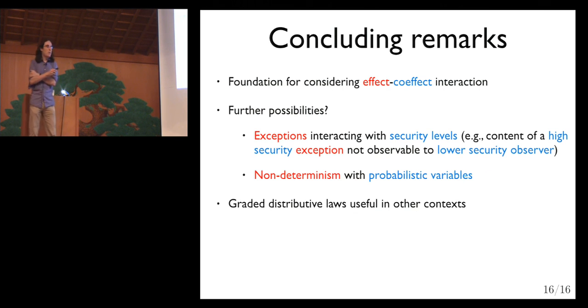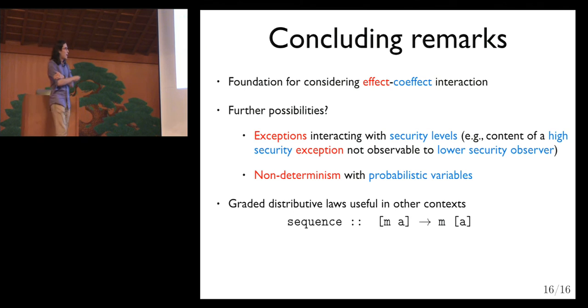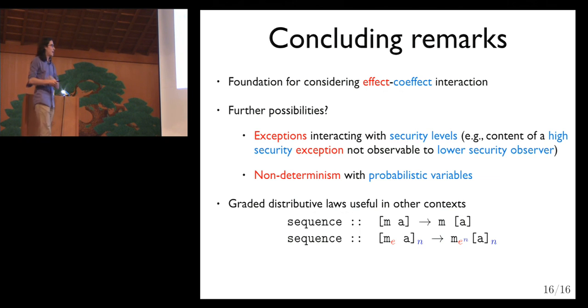Now, I mentioned sequence earlier, so just to wrap up, this is an example of a distributive law between two monads. Now imagine if we graded it and said, well, we have a list of length n, and inside we have some effects which we annotated with E, so there's some sort of action E happening. And what sequence does is it repeats those effects n times. So with a graded distributive law, we can explain what's going on here.